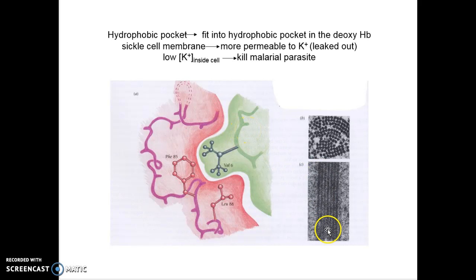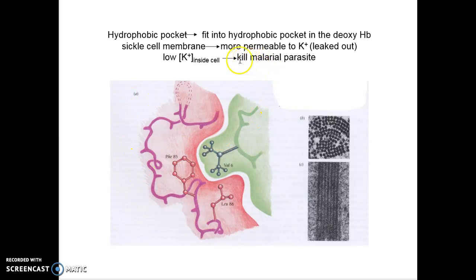You see the side view of a polymeric form of clustered hemoglobin. This is the cross-section view for such a structure. This kind of fiber type of hemoglobin leads to sickle cell anemia.